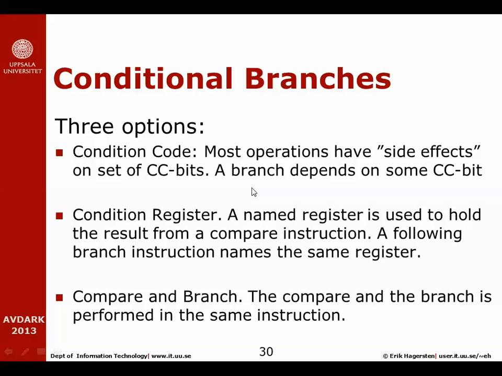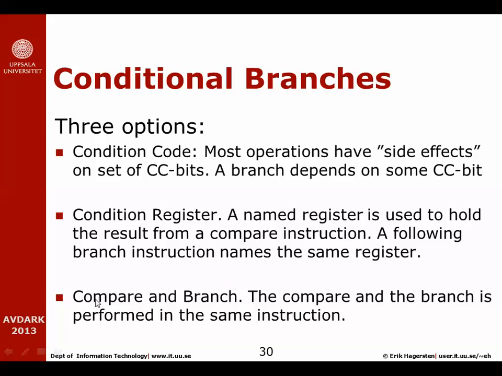So you're looking at side effects from previous instructions when you do the branches. Conditional registers are regarded to be a cleaner way of doing conditional branches these days, where in the instruction itself you name a specific register, and then the condition may specify, just as we saw previously, that if that named register is equal to 0, then you can take some kind of action.